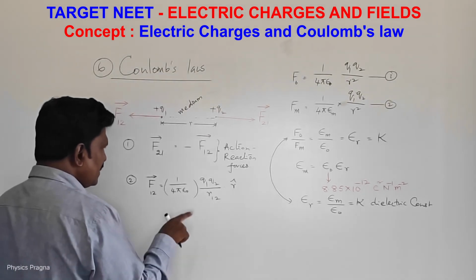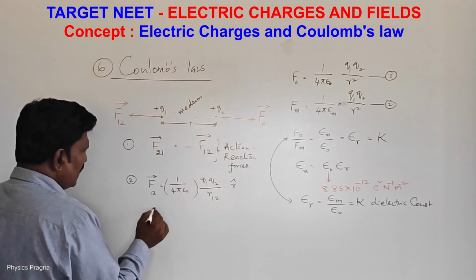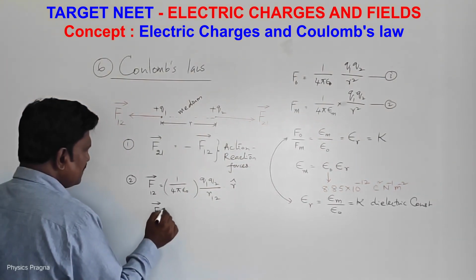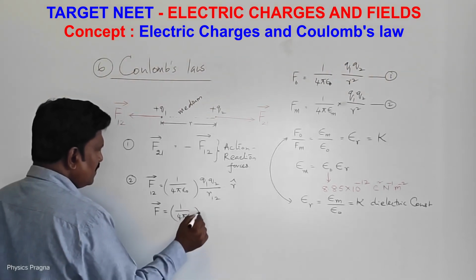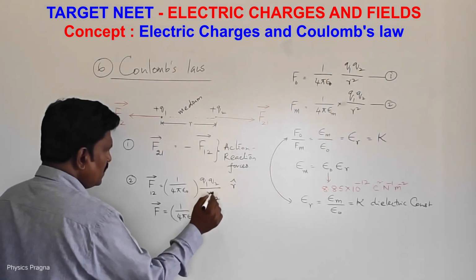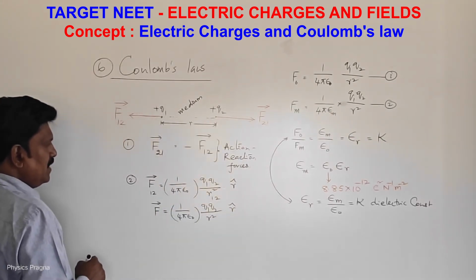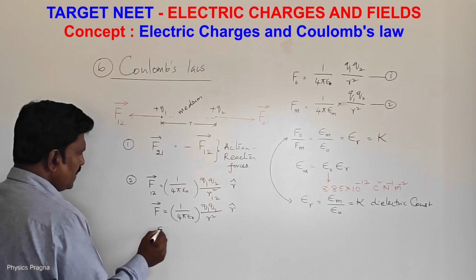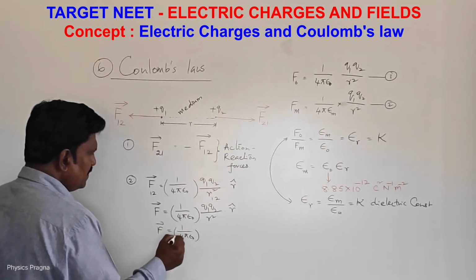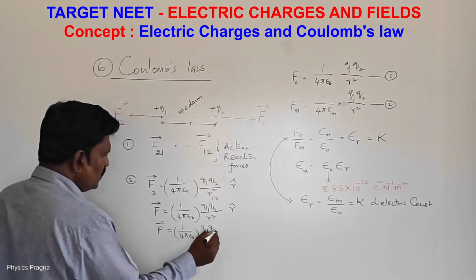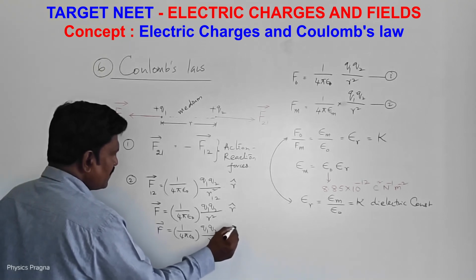If not, we can also write this formula like this. Writing 1, 2, if you get confused, just remember the formula like this: 1 by 4 pi epsilon naught q1 q2 by r square into r cap. In bar form, if you want to write, F bar is equal to 1 by 4 pi epsilon naught q1 q2 by r cube into r bar.